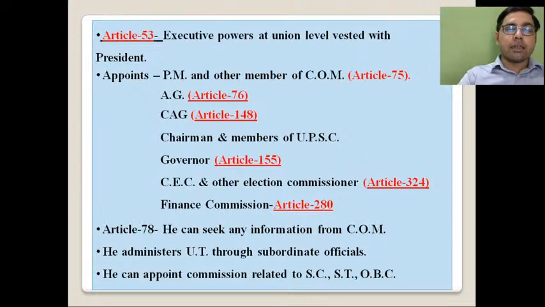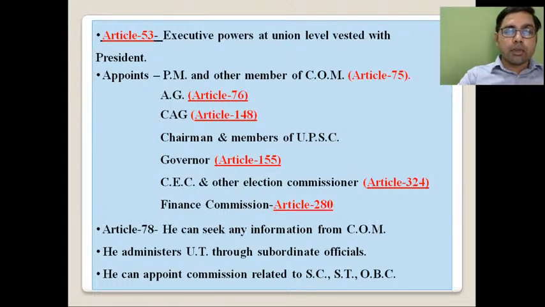On your screen you may see that the Prime Minister and other members of the Council of Ministers, the Attorney General, the Comptroller and Auditor General, the Chairman and members of the Union Public Service Commission, Governors of States, the Chief Election Commissioner and other election commissioners, then the Finance Commission, all these appointments are made by the President of India.